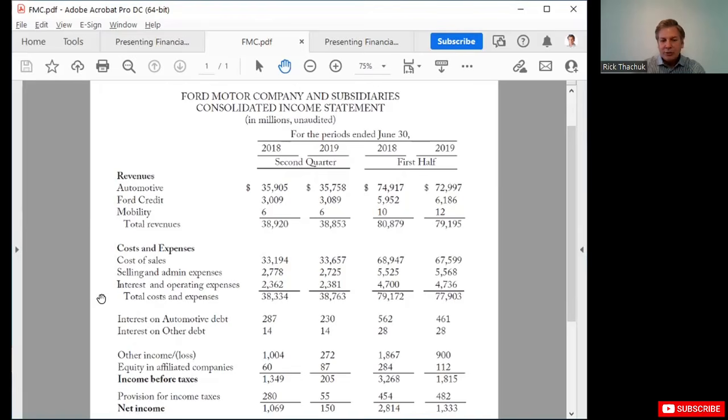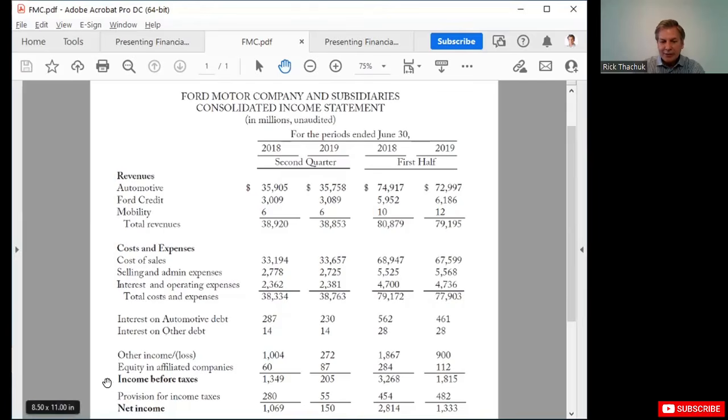Can you try total costs and expenses, please? So this total costs and expenses is plural. So you should have said total costs and expenses at Ford Motor Company and subsidiaries were 38,763,000,000 US dollars in the second quarter of 2019.